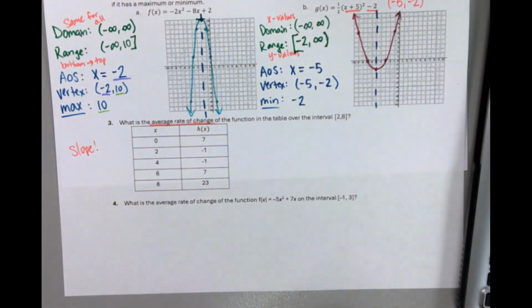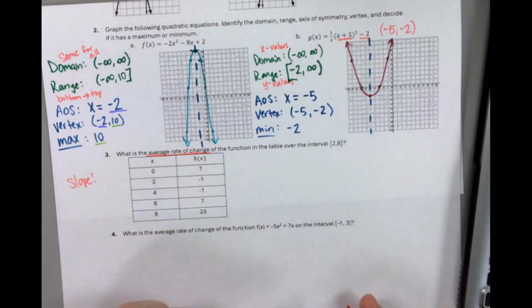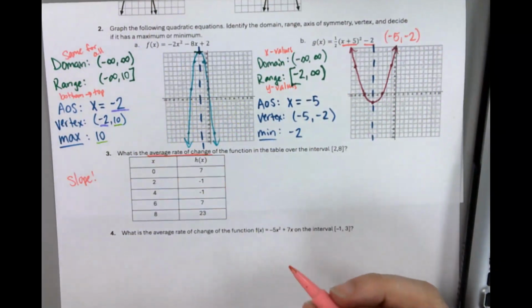We didn't use it before this year because all of our lines just had slopes. Now we have parabolas that don't have a consistent slope, so we use average rate of change for that. Sometimes the slope is higher than other times, so we have to say average rate of change as we average it out.